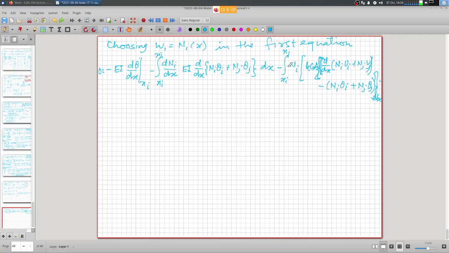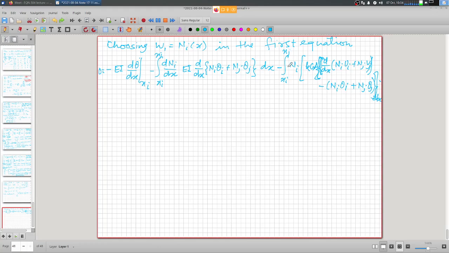Similarly, for the second equation, choosing W2 as Ni and W2 as Nj, you get another set of two equations, and together we have four equations.